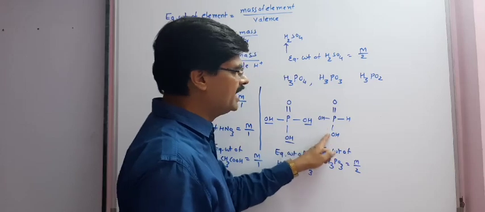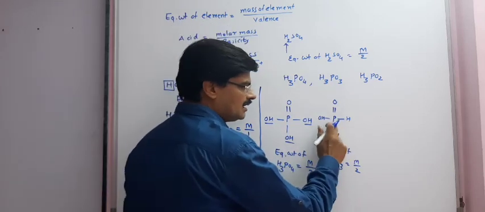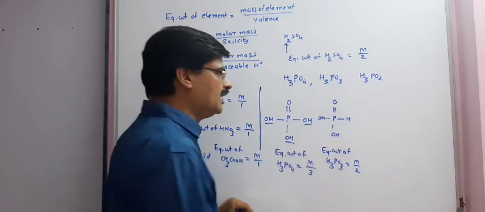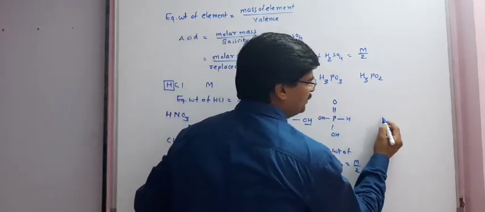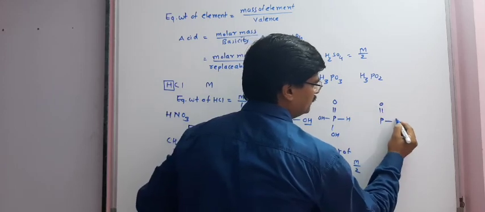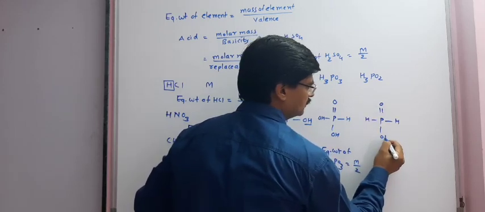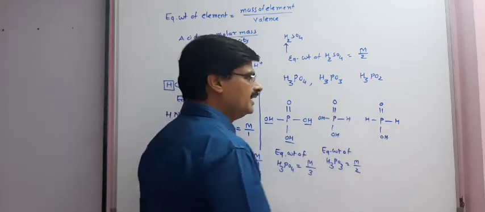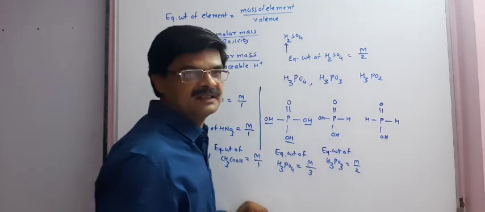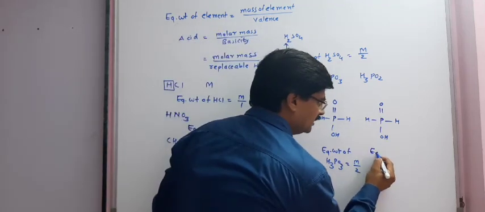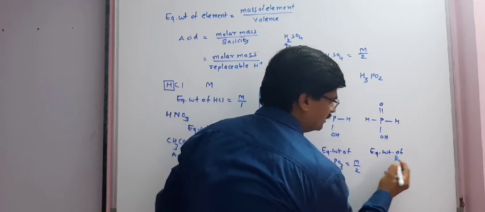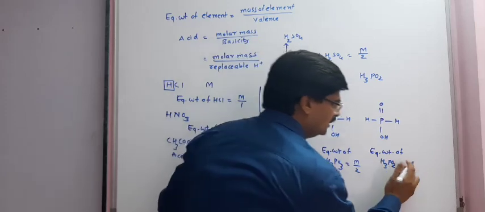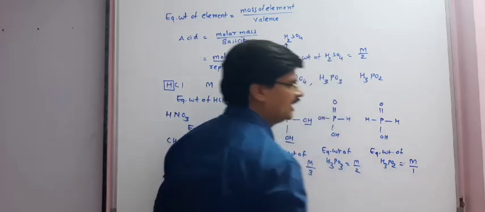H connected with P cannot be replaced because of the electronegativity difference. Now H3PO2. This is the structure of H3PO2. Here only one hydrogen is replaceable, and that is why equivalent weight of H3PO2 is obtained when molar mass is divided only by 1.